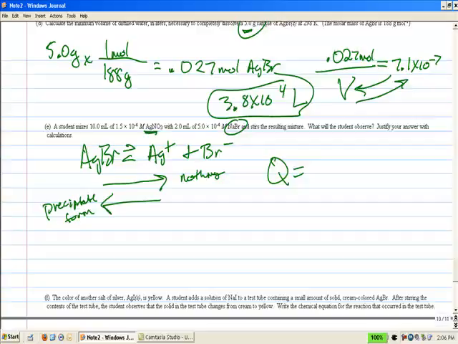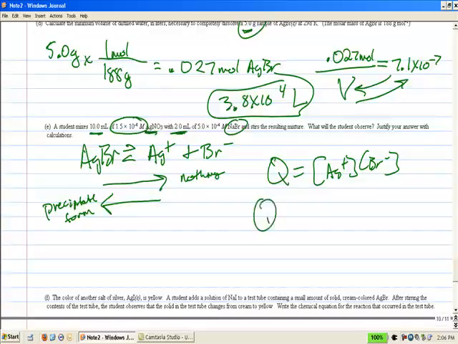So the value of Q is going to be the concentration of Ag+ times the concentration of Br-. And when I do that, I have to consider that now I've got a larger volume because I took my 10 milliliters and I added 2 more milliliters to it. So my concentration of Ag+ is going to be 1.5 times 10 to the minus 4th times my original volume, 10, divided by the new volume, 12.